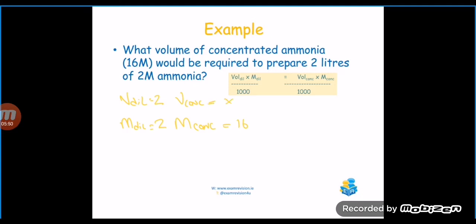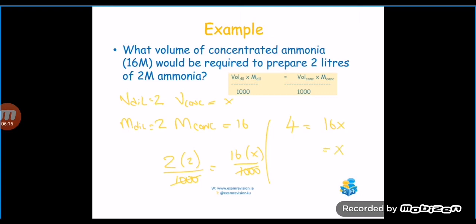So if I go and fill that into the formula now, I get 2 by 2 divided by 1000 equals 16 by x divided by 1000. So if I multiply both sides by 1000, that gets rid of the 1000s. So that will give me 4 is equal to 16x.